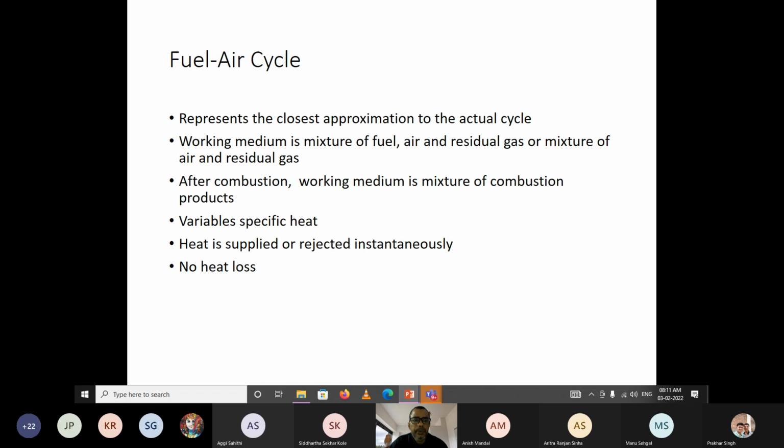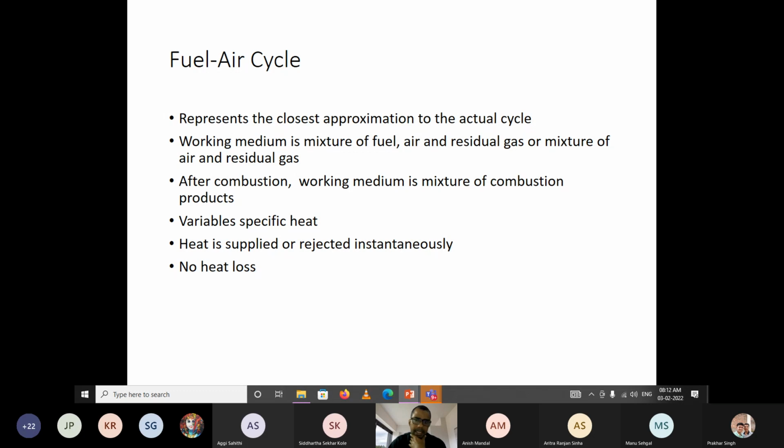Then when we come to the fuel air cycle, this cycle represents the closest approximation to the actual cycle, because now the working medium is the actual working medium, a mixture of fuel, air, and residual gas, or a mixture of air and residual gas.